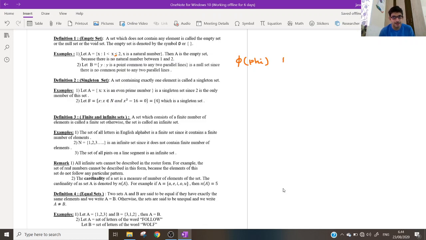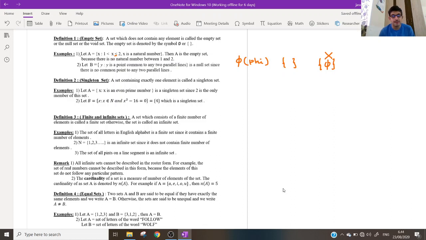And the empty bracket is also a notation. So these two are the notations for a null set or an empty set, but this notation, phi inside brackets, is wrong. You cannot write like this. You have to either write phi without brackets or use the empty bracket.